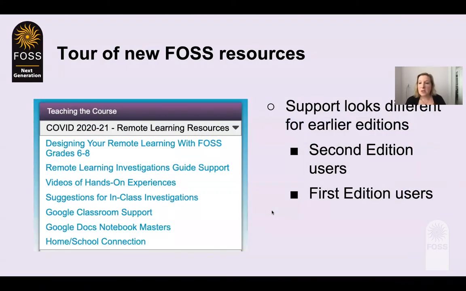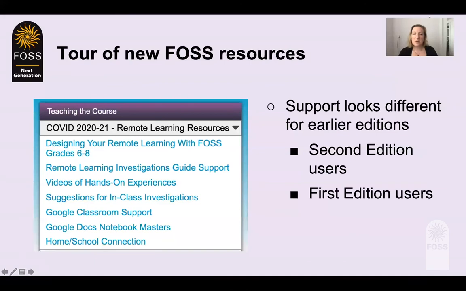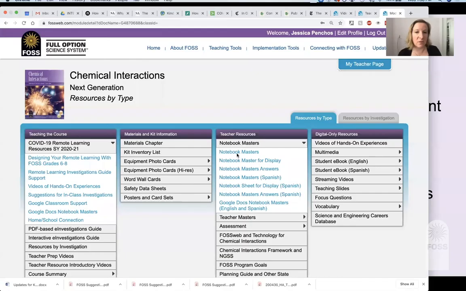The supports will look a little different for our earlier edition users. If you are using 2nd edition, then you have already been granted access to next generation. Let me go back over to FOSS and show you.